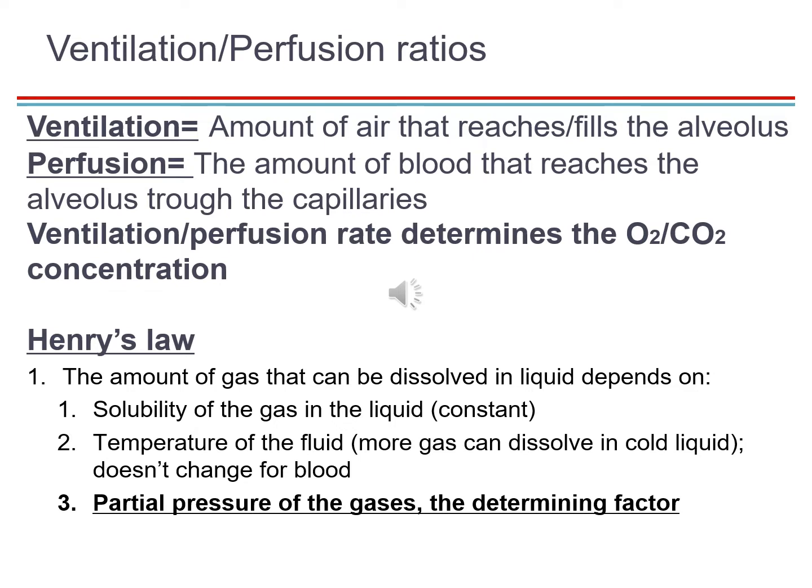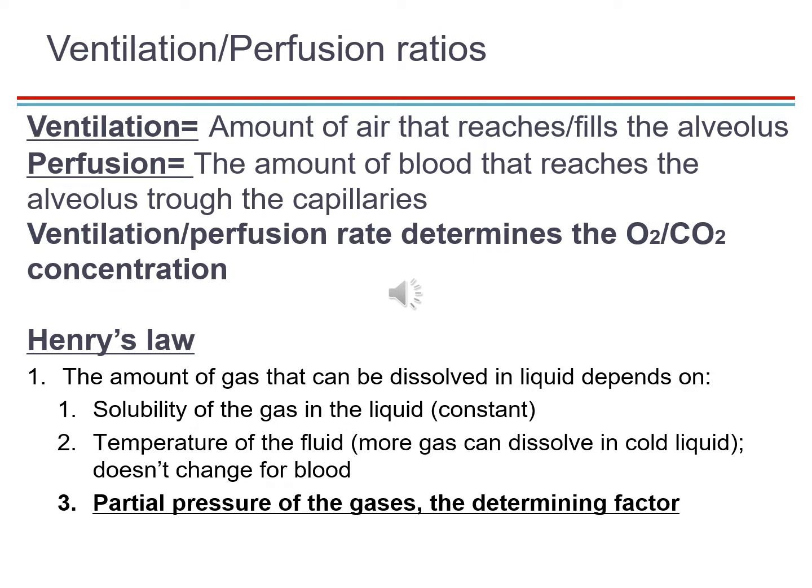Together they determine the ideal concentration of oxygen and carbon dioxide in our plasma. And when we talk about ventilation and perfusion, we ideally refer to the area in the lungs around the alveoli. But we will see pretty soon that there is also a matching action in the systemic capillaries in order to keep that ventilation perfusion ratio at ideal values.